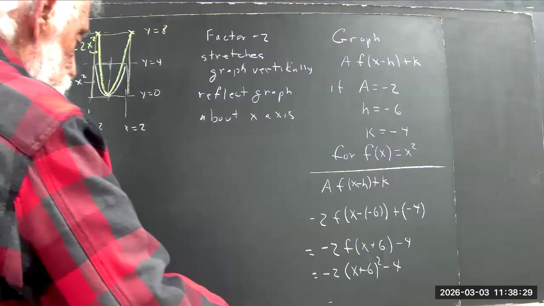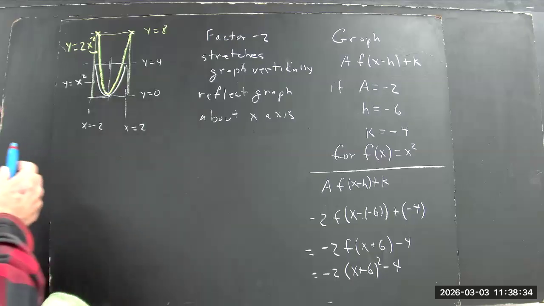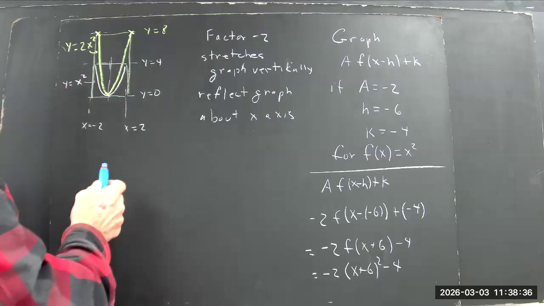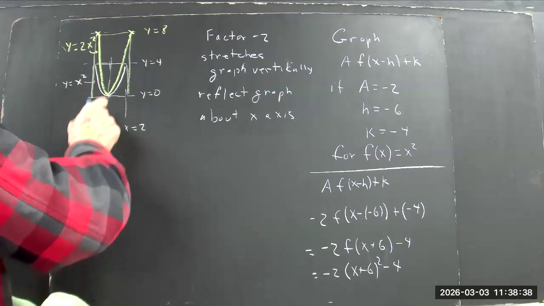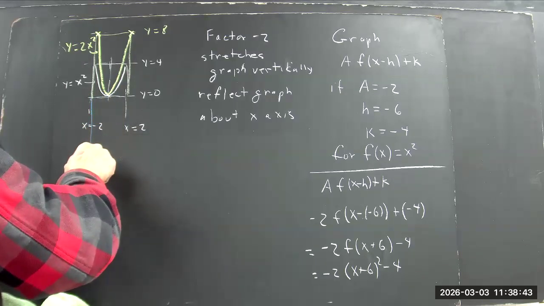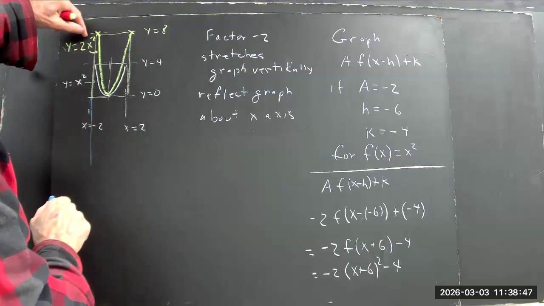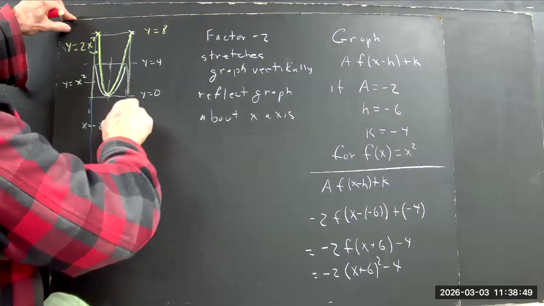Well, then we're going to reflect the graph about the x-axis, which is the line y equals 0. So we're going to have to draw another rectangle, 4x8 rectangle, because we're reflecting the 2x squared graph.